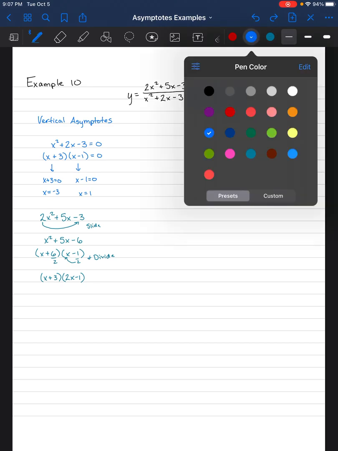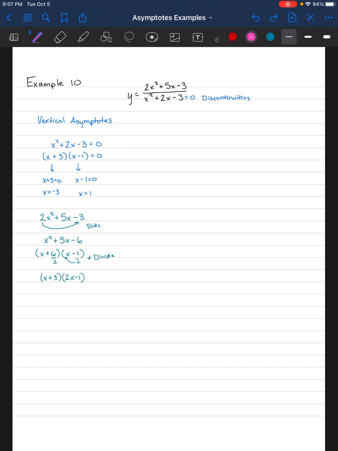Now I'm going to put this back together. My numerator is x plus 3 times 2x minus 1, over x plus 3 and x minus 1. Hopefully you're noticing we've got this common factor up front, that x plus 3. I can remove that as a common factor.